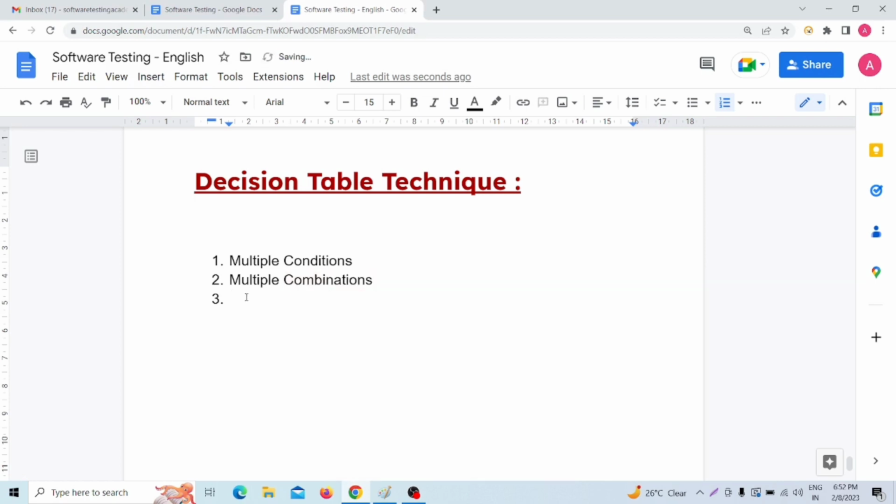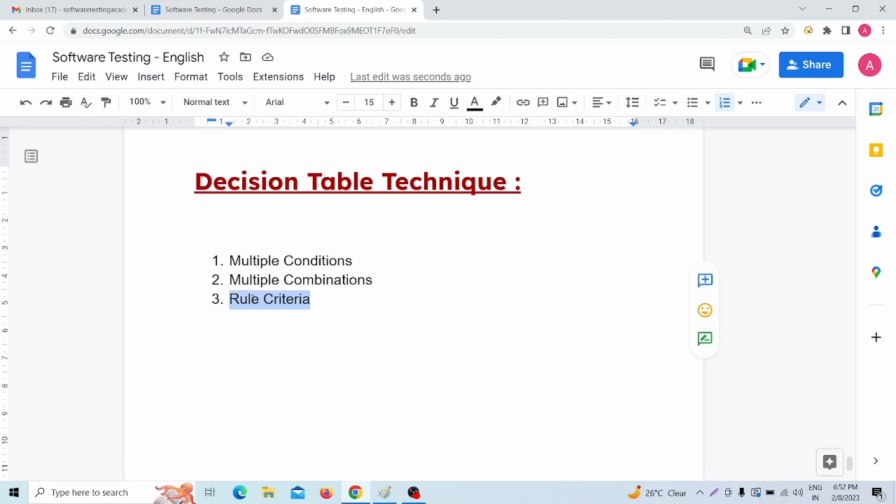And third, rule criteria. So these three things we have to remember. In this technique we have to test multiple conditions, multiple combinations and rule criteria.